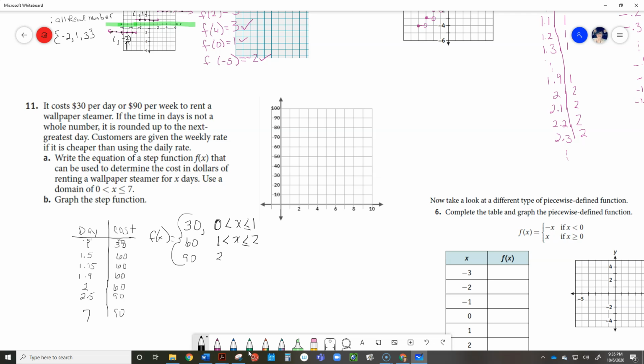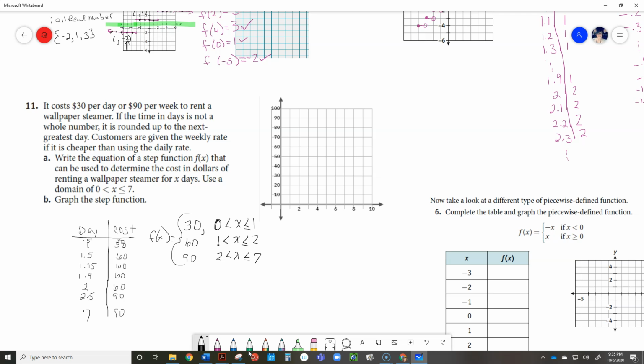Anything bigger than 2, from 2 to 7, is going to cost $90. So half a day costs $30. 1 day costs $30. 1.5 days cost $60. 1.9 days cost $60. 2 days cost $60. 2.1 days cost $90. 2.2 days too. So that's what the equation looks like.